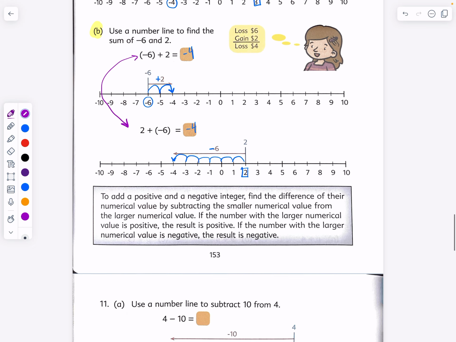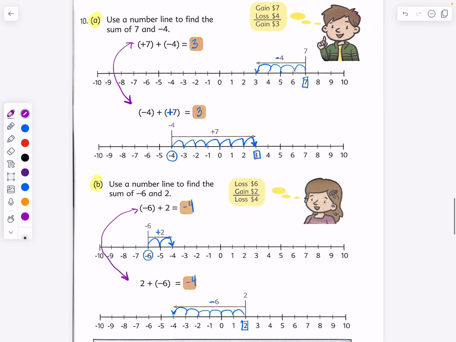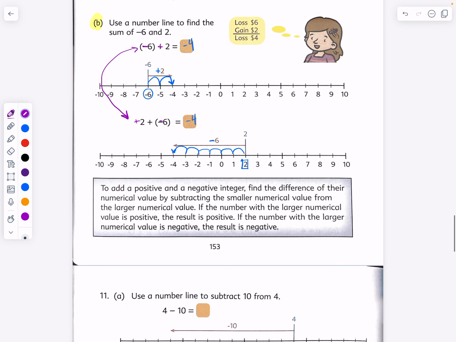Now, what's important is to understand the following. When you're adding integers with different signs, a positive and a negative, I would like to summarize it like this. A positive plus a negative: Step 1, subtract them to find the difference.